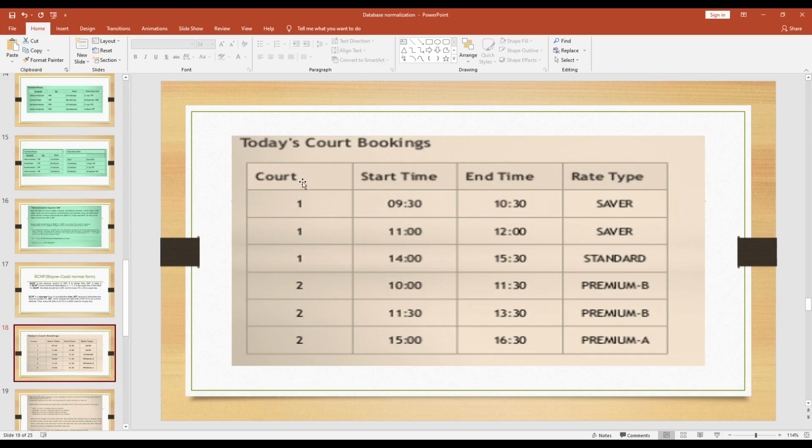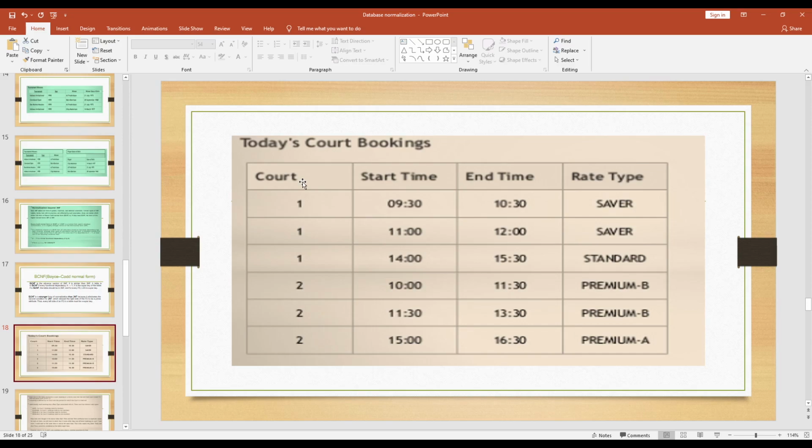Today's court bookings. The first and third rows have court 1. The fourth and sixth rows have court 2.